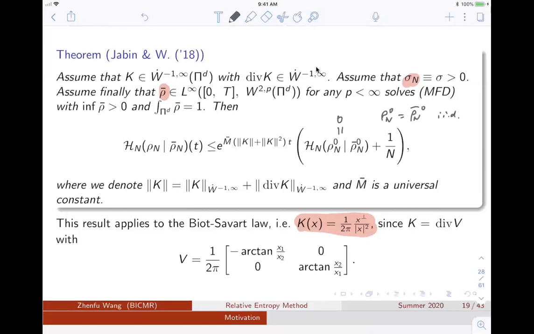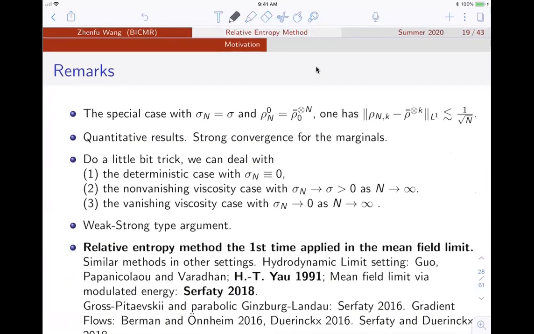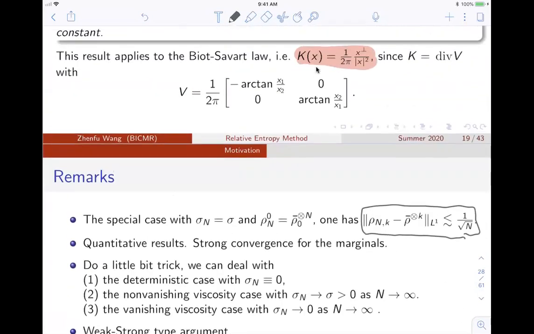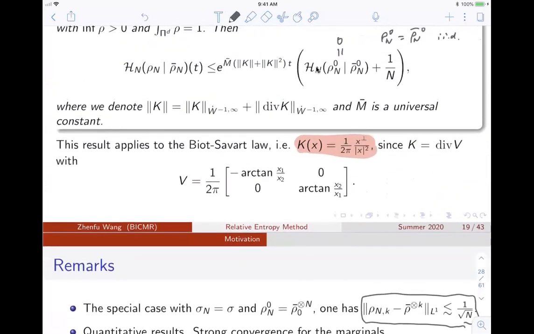So in this specific case, we can get that the later relative entropy is in the order of 1 over n. That says the convergence of the k-marginal is in the order of 1 over square root n by the CKP inequality. So this is believed to be optimal.